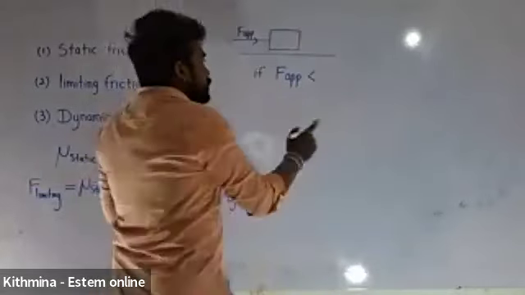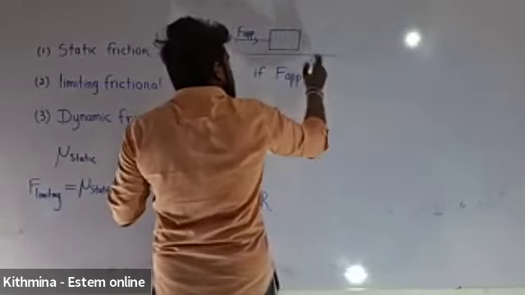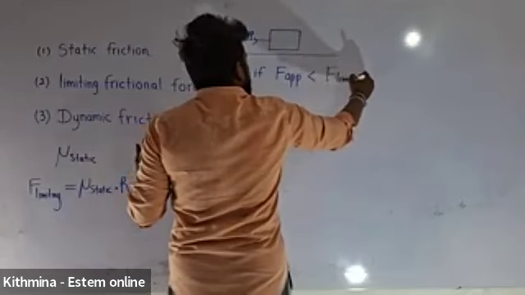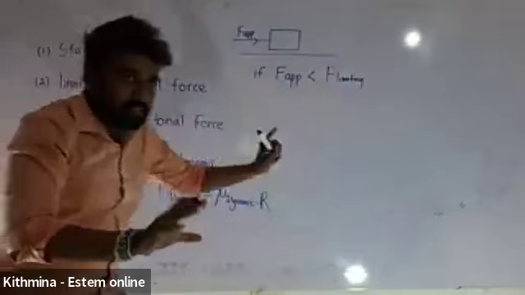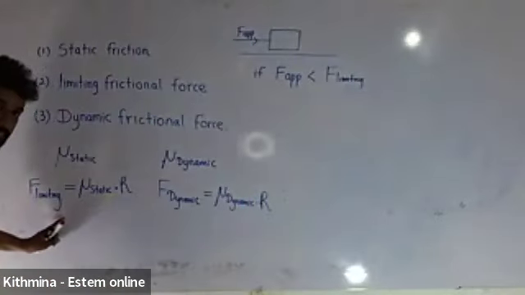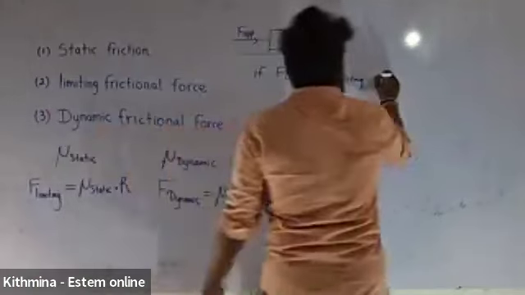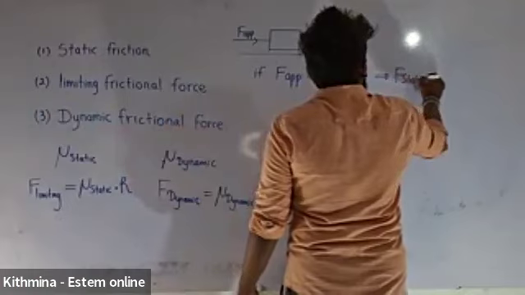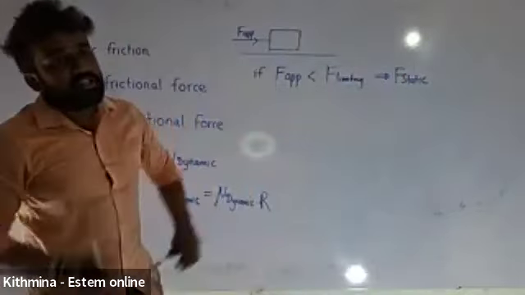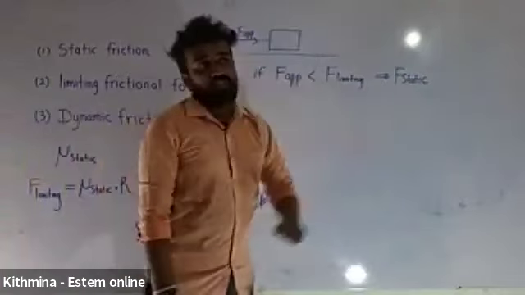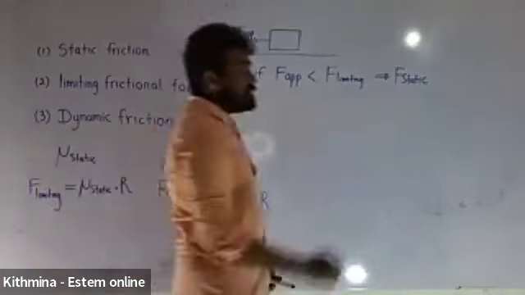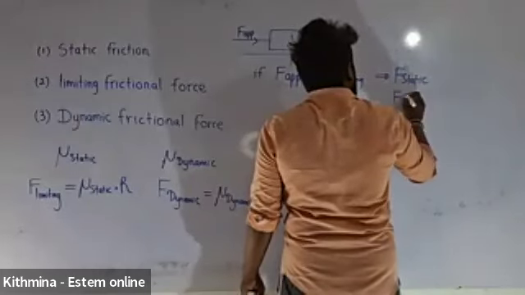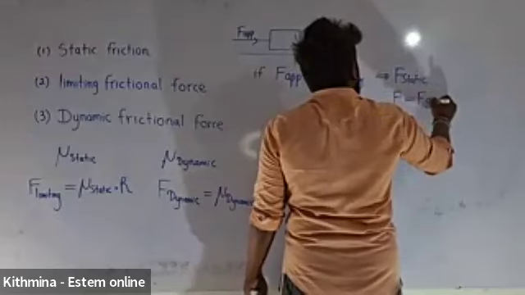First one is if F applied is less than F limiting, the limiting frictional force, which we can find by these equations, then the friction is always static friction. The specialty of static friction is that the frictional force is equal to the applied force.